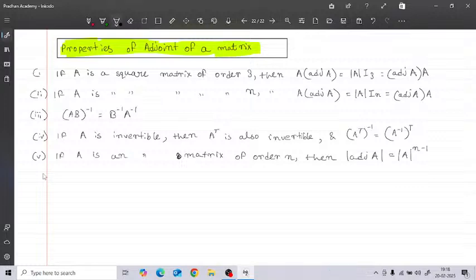Okay, these are 5 properties. Note them down. Then we will solve some questions on these properties.